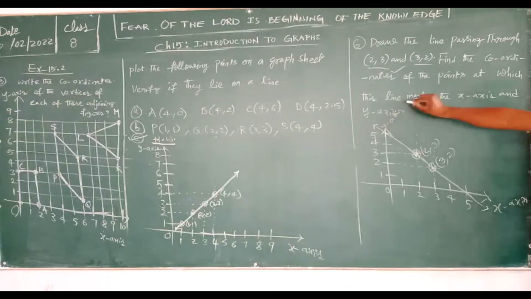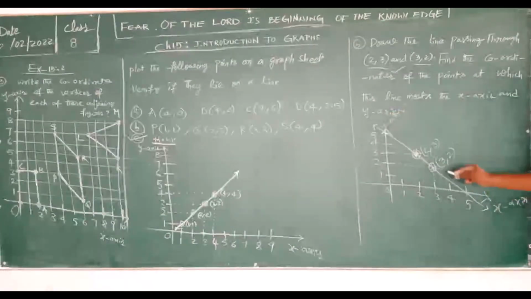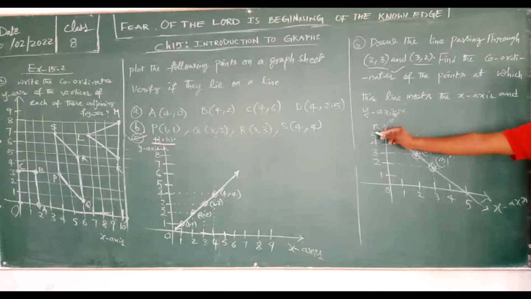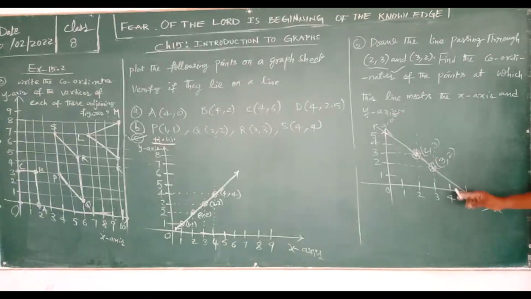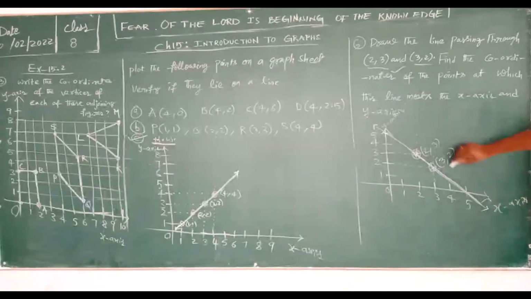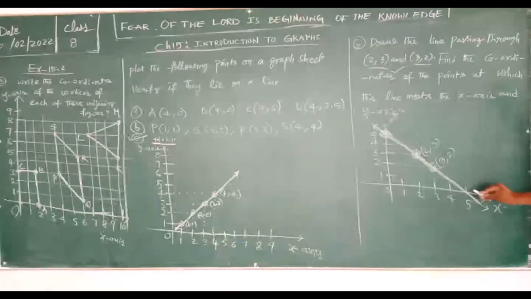After that, you need to join these 2 points and extend them to where they intersect the x-axis and y-axis. When I join these 2 points and extend the line like this, you will find that it intersects the y-axis at some point and the x-axis at some point. What are those points?